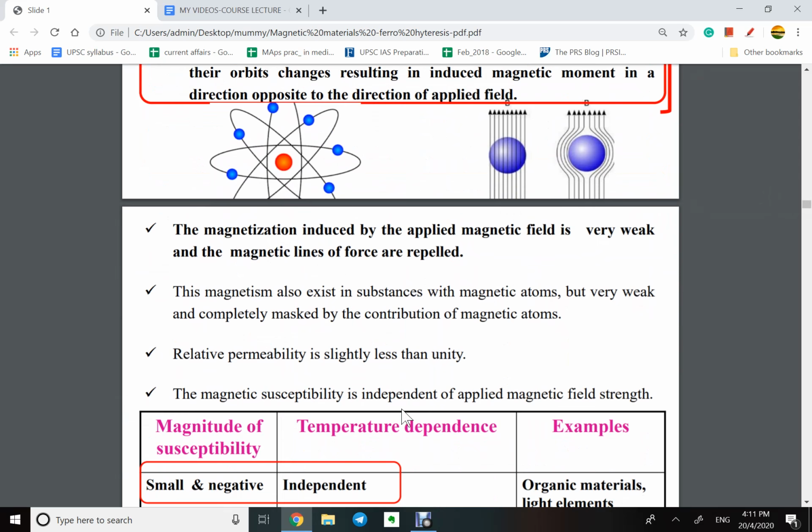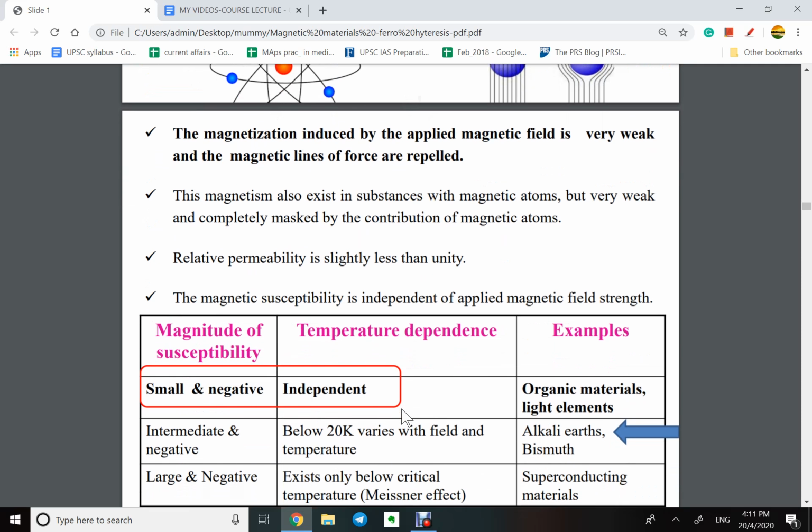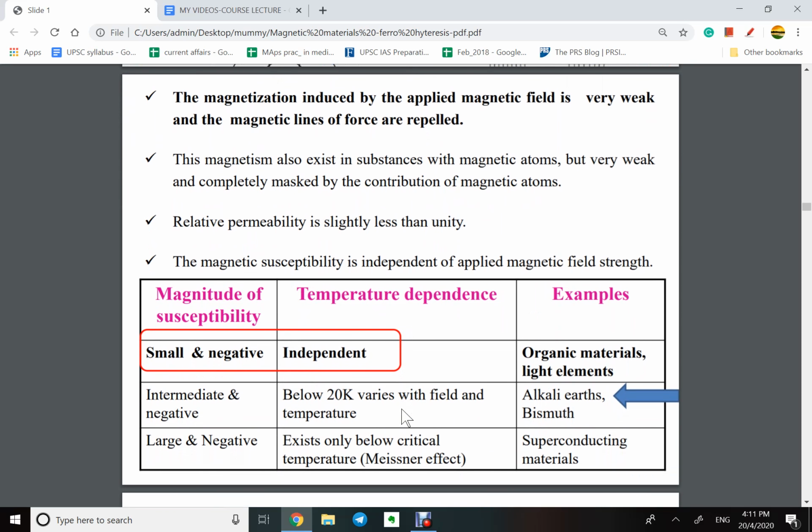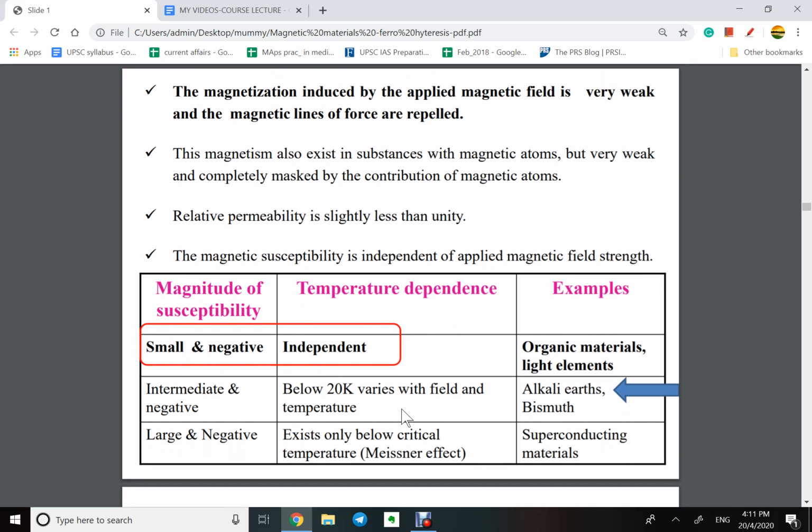Next, we will see few more points about diamagnetic material. The magnetization induced by the applied magnetic field is very weak and the magnetic lines of force are repelled. That is what I explained in the previous slide. This magnetism also exists in substances with magnetic atoms but very weak and completely masked by the contribution of magnetic atoms. Relative permeability is slightly less than unity. The magnetic susceptibility is independent of applied magnetic field strength.